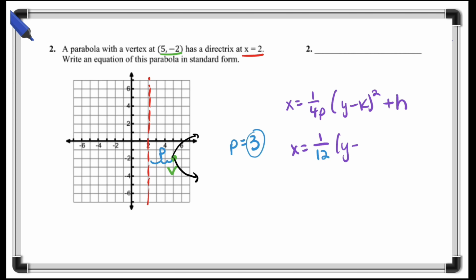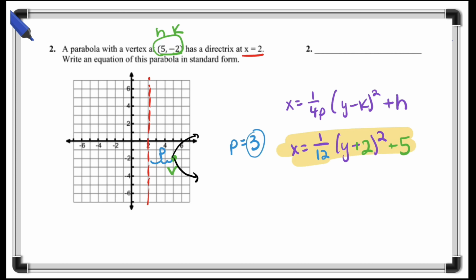And then you have y equals, and remember your vertex was 5, -2. So your 5 is your h, and the k is that -2. We're going to put k first, and if it's a -2, it's going to turn to a +2, and then squared, and then our h is going to be that plus 5.